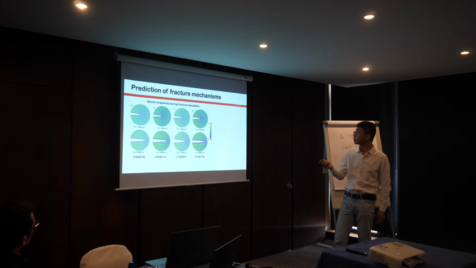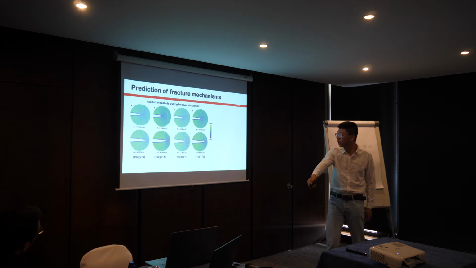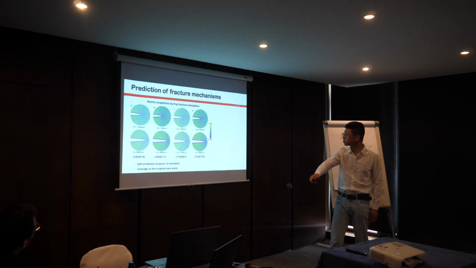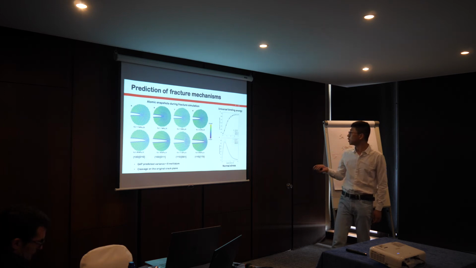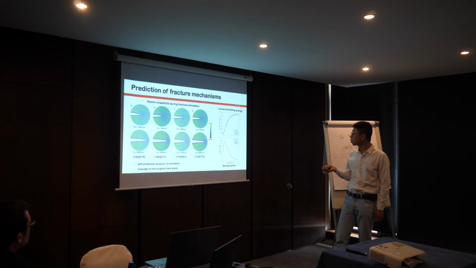So we predict the fracture mechanisms for all 4 crack systems shown here. They all show cleavage taking place on the original plane. We further calculate the universal binding energy, and by taking the derivative, get the normal stress, the cohesive law of the 100 plane and the 110 plane.